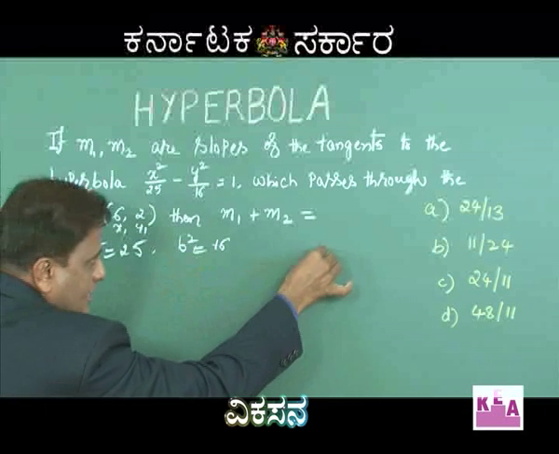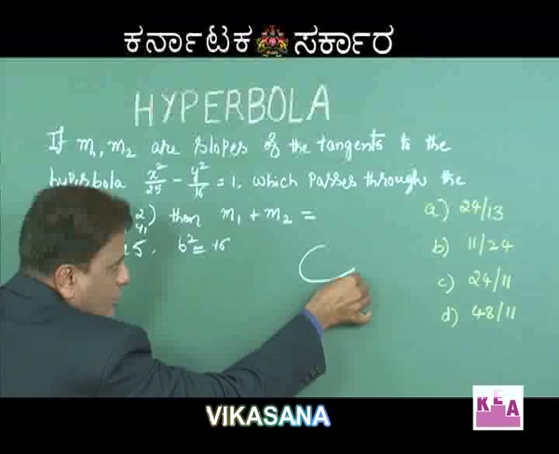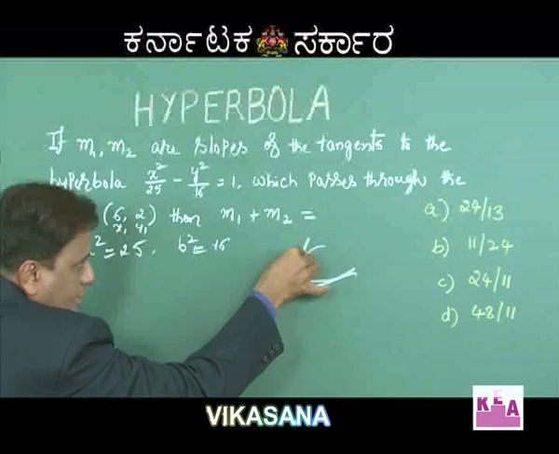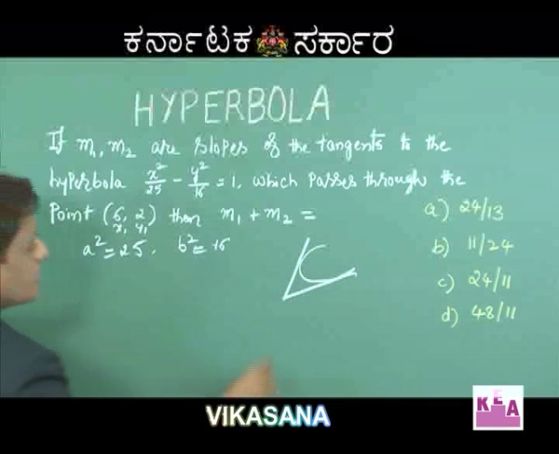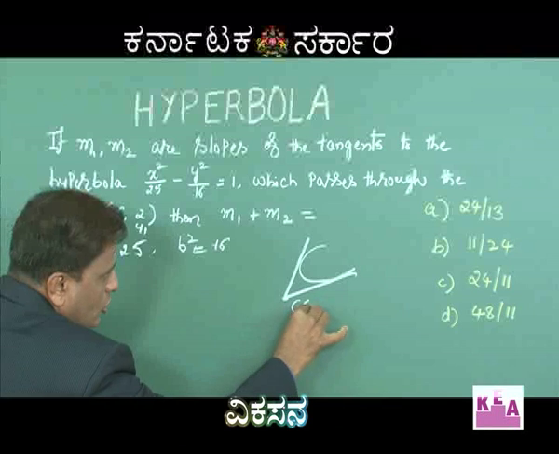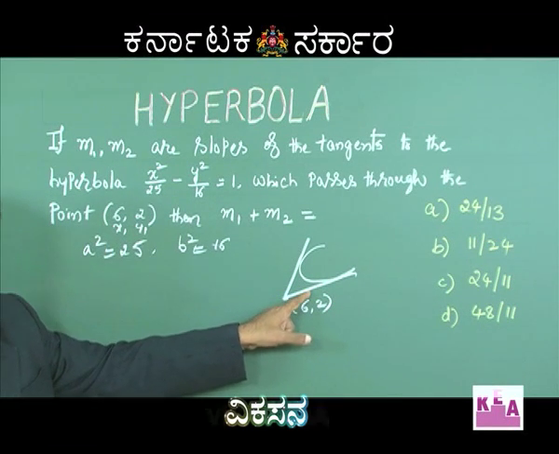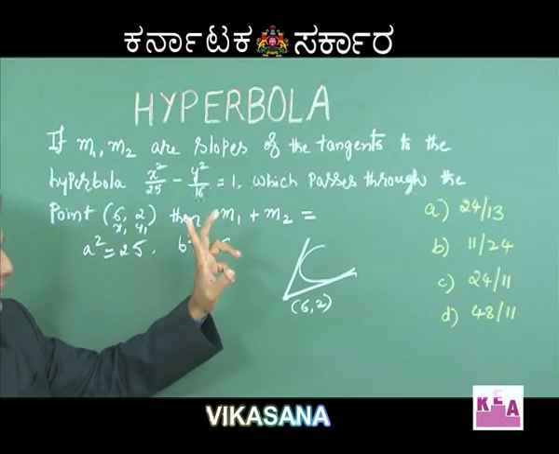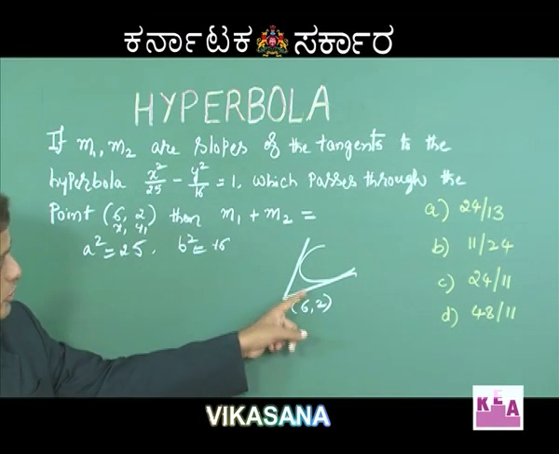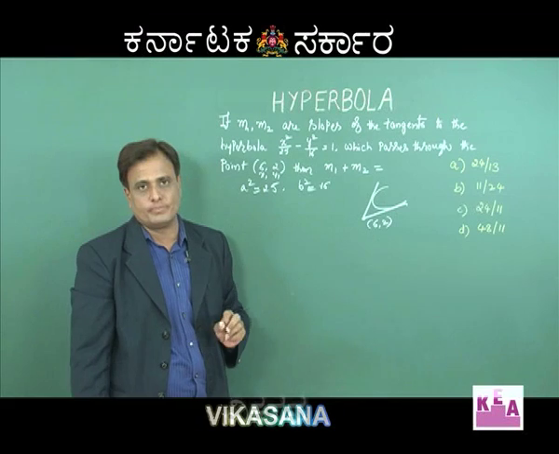Now, the question is asking, for example, that two tangents are passing through the point (6, 2). Assuming that the slope of the first tangent is m1 and the slope of the second tangent is m2, we have to find out m1 plus m2.